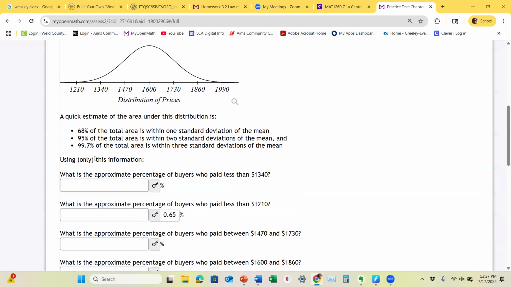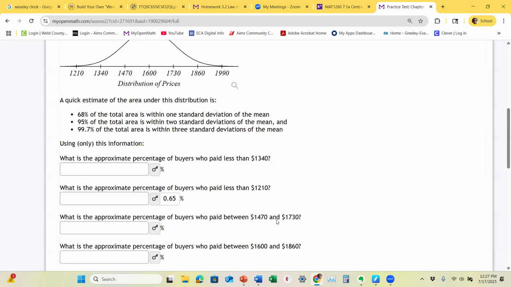And like the last one, I thought it was, did I mess up? The last one isn't 49.85. That's on me. That's on me. No, you guys are right.